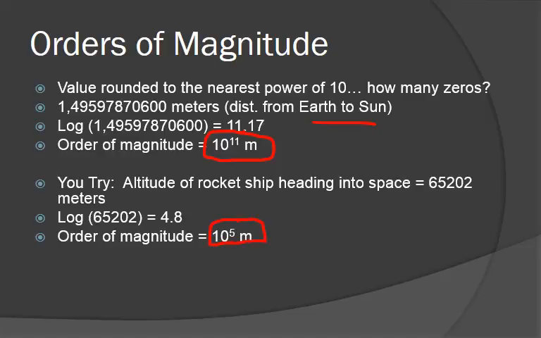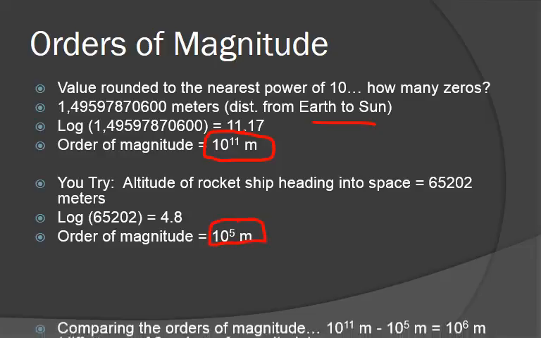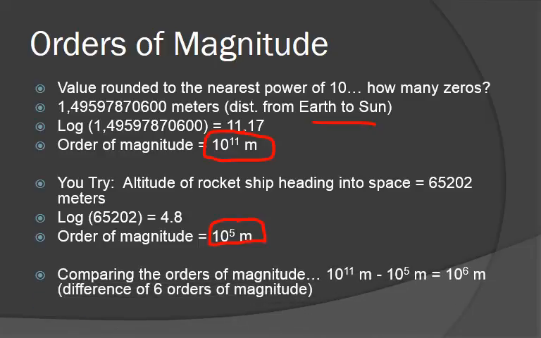Now if we wanted to compare those, we subtract those, and it's 6 orders of magnitude different. And we can compare this to other things. For instance, the size of a nucleus is 10 to the negative 15th meters. So we can see the difference in orders of magnitude between all of these.